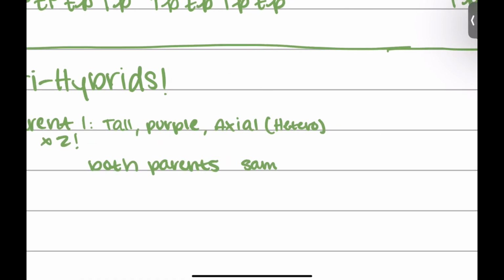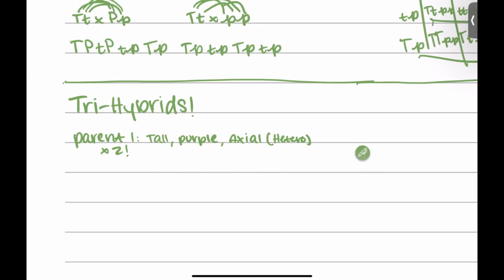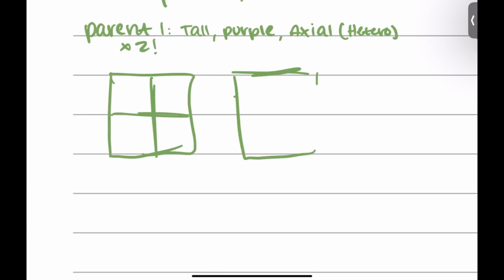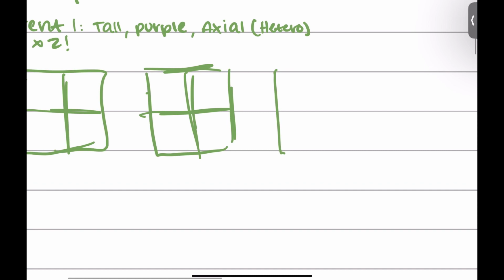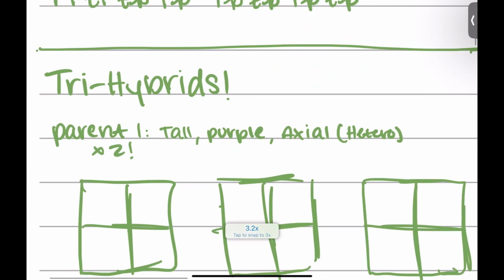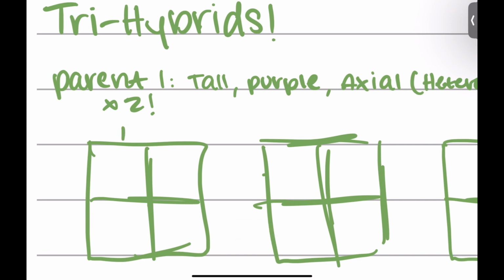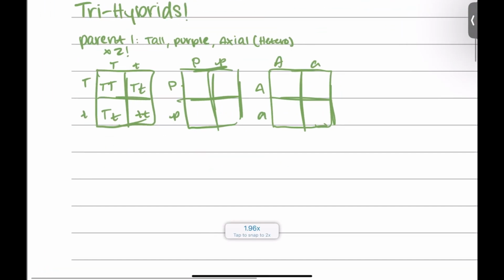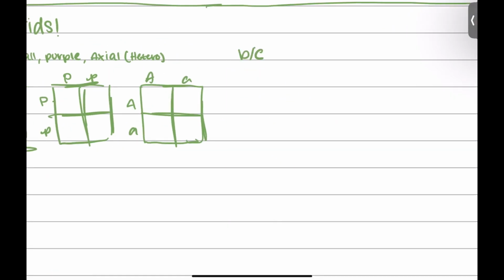Both parents, same genotype. So in order to do a trihybrid, the easiest way to do it is Punnett squares first for each trait, because we're not really going to do a big square like we did with the dihybrids. So first I'm going to fill out the Punnett square with the double heterozygous. Now you should know that whenever you're crossing a heterozygous by a heterozygous, it's going to come out with the same outcome, a 1:2:1 ratio.